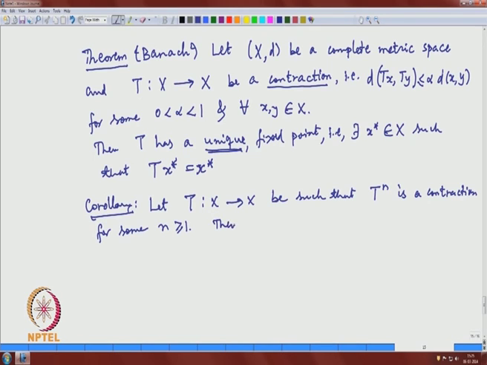Then T has the same conclusion: a unique fixed point.